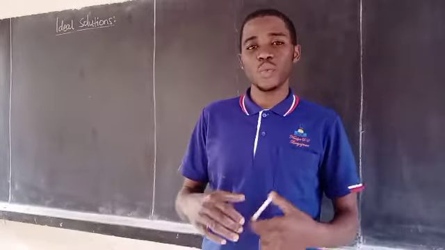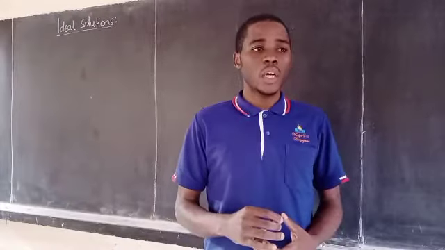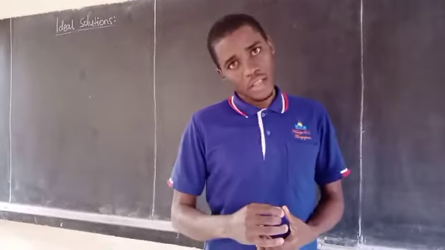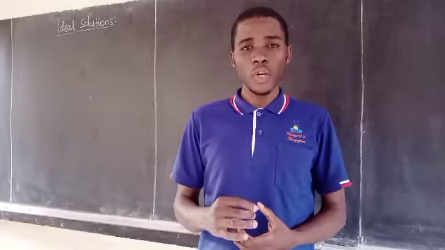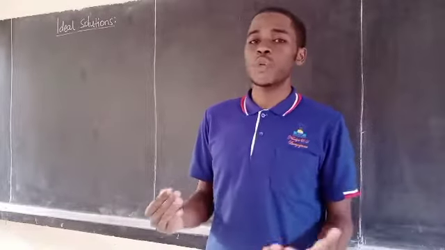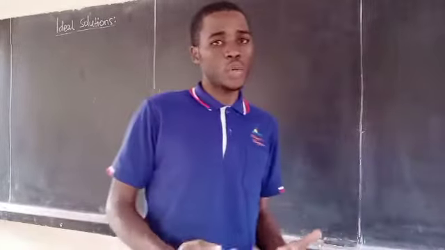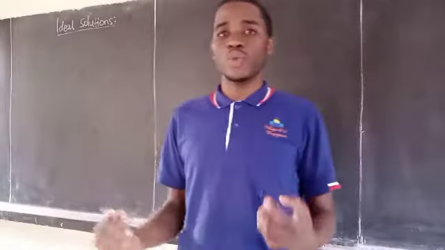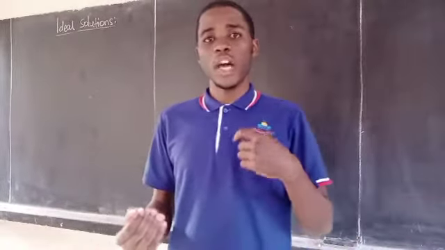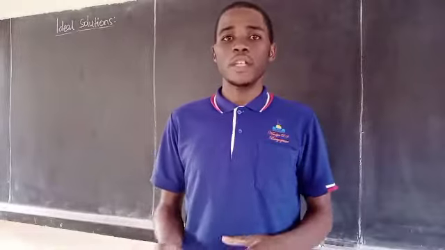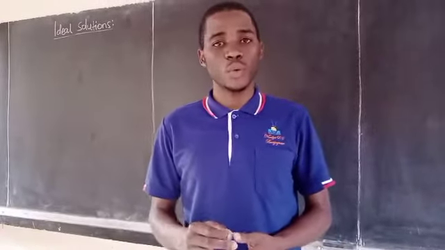Today we are just going to continue with Raoult's law. Like we said, Raoult's law only applies for a few liquids which are called ideal solutions. Those are liquids which you can mix, and when you mix them, they form ideal solutions.